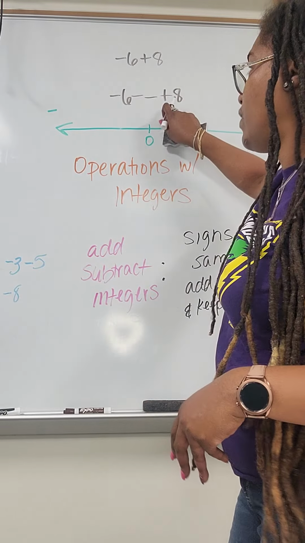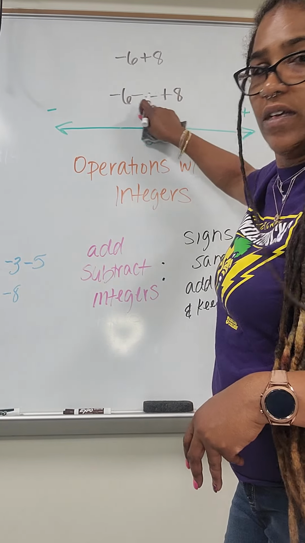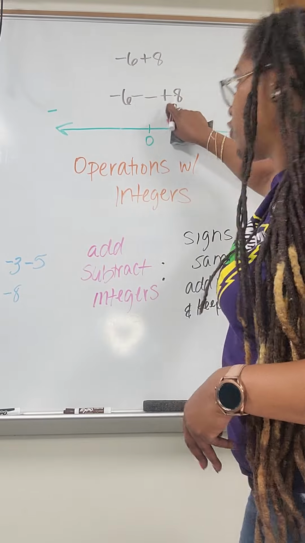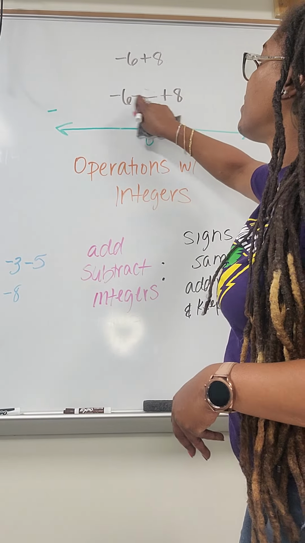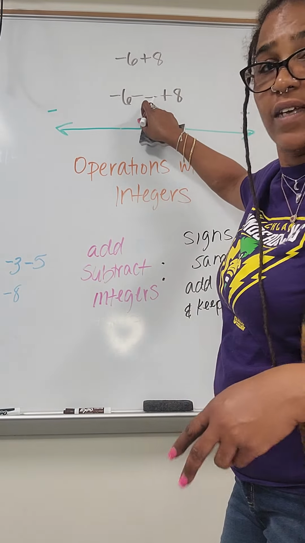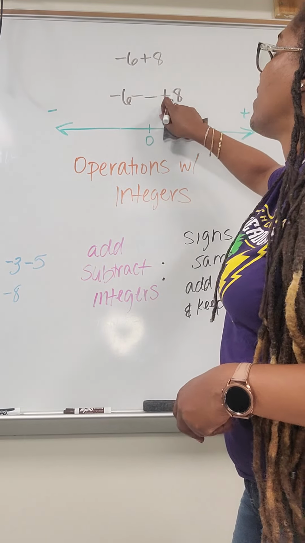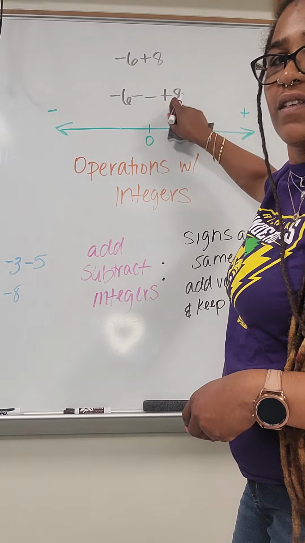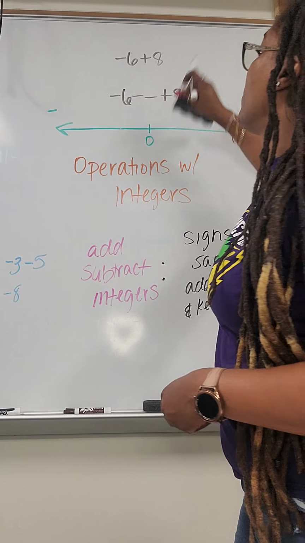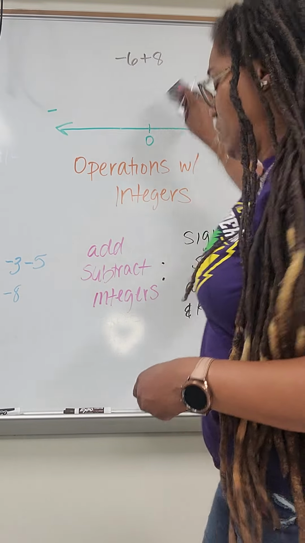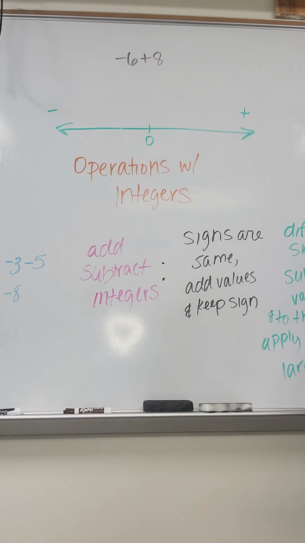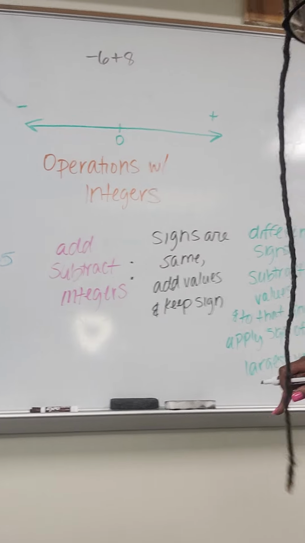That means this 8 is positive. You shouldn't see all 3 signs together. You'll see 2 signs together, but you won't see 3 signs together. And no matter how many signs you see, we know that this 8 is positive because it's the sign right before the 8, right before the number. So anyway, different signs, we're gonna subtract the values, right?